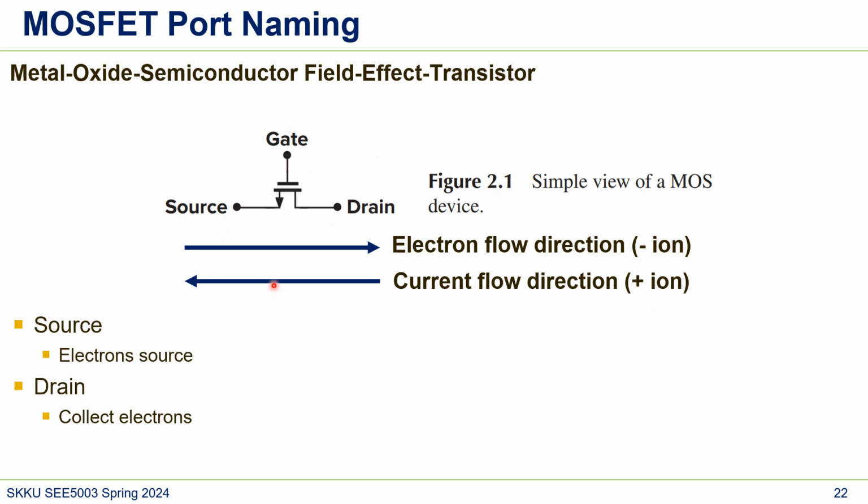But in NMOS, electrons are moving. Electrons are the carrier of current, so in NMOS, negative charge is moving. I think this is good to know, and very important.